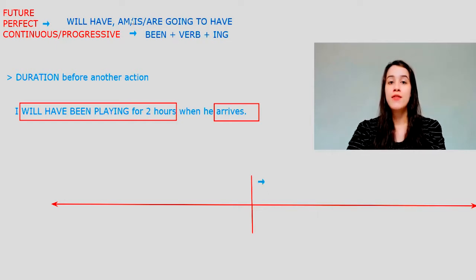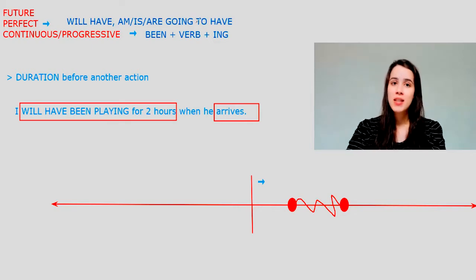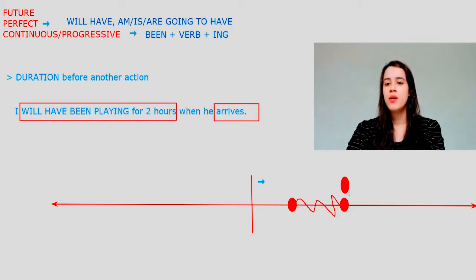I have this action that will start here. I will start playing, and then I'll stop playing here, and this action will have been happening for 2 hours when he arrives. So another action will happen here when he arrives.